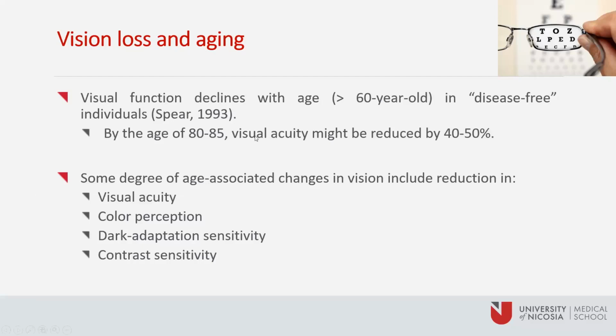By the time someone is 80 or 85 years of age, the visual acuity can be reduced by almost 50%. So even if someone does not have any underlying pathology, visual acuity can be reduced by up to 50% at this age. And what happens in terms of the age-associated changes in vision?